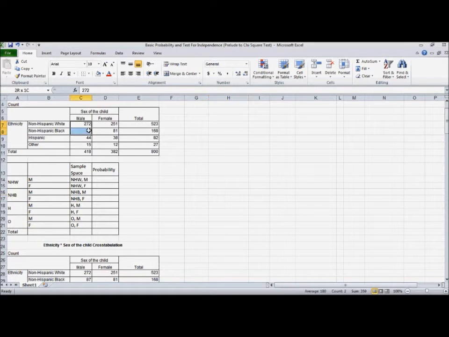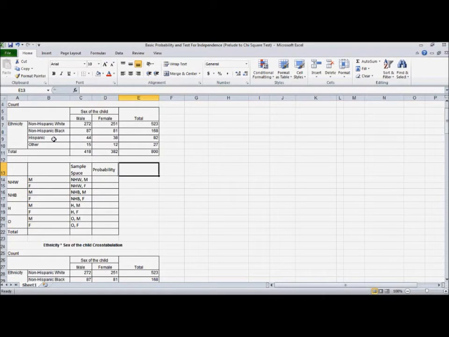So all these intersections represent all possible outcomes. We could have used different variables. For example, we see ethnicity has 4 categories. We could have used another variable which had 4 categories. In that case, we would have a 4x4 table. In this case, we have a 4x2 table.